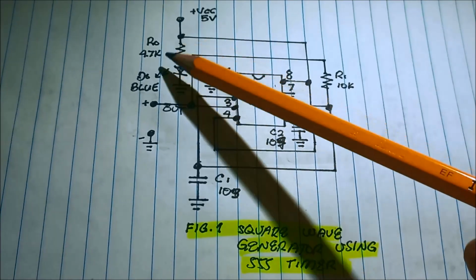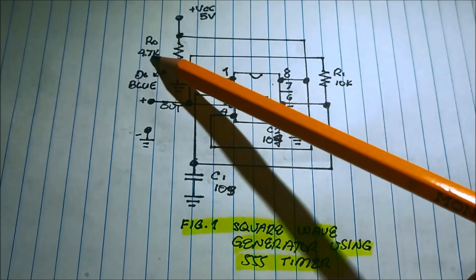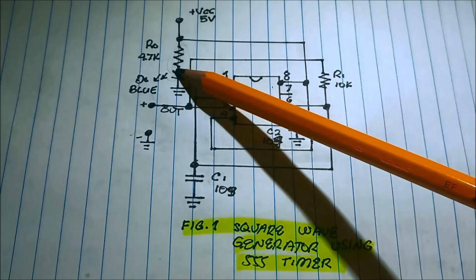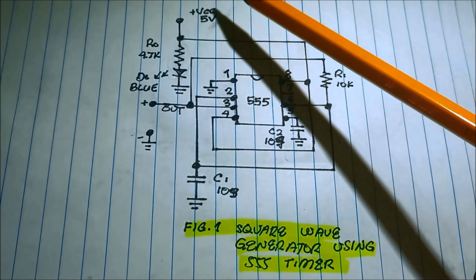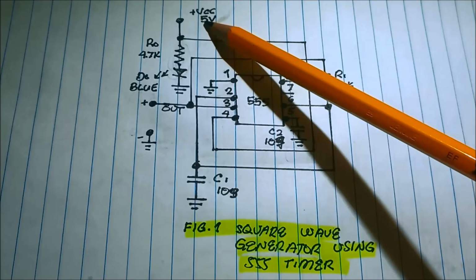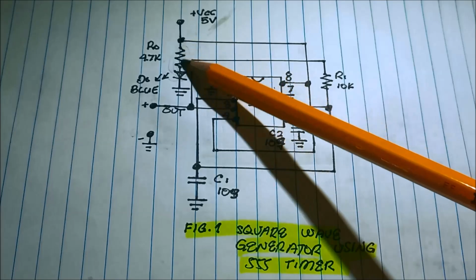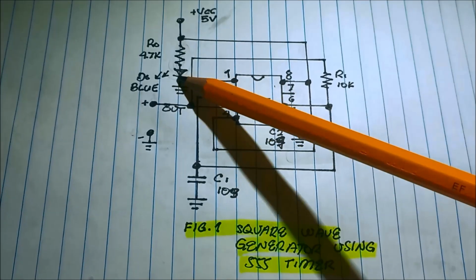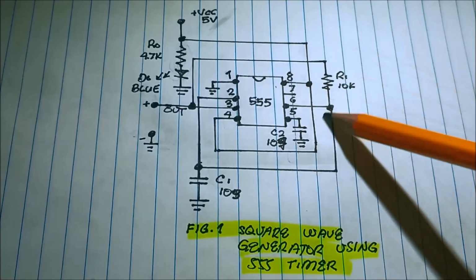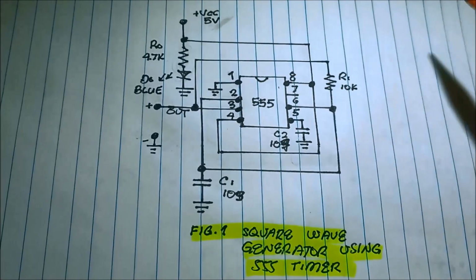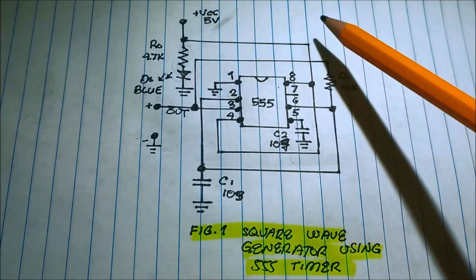And we have this power LED blue, 4.7K current limiting resistor, with the use of 5 volts, that is the power bank. So whenever we connect the power, this power LED turns on, indicating that the circuit is powering on.